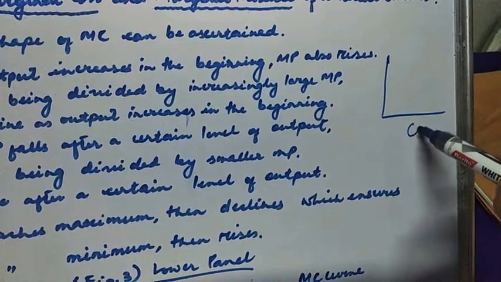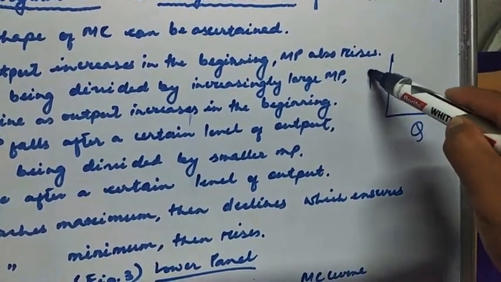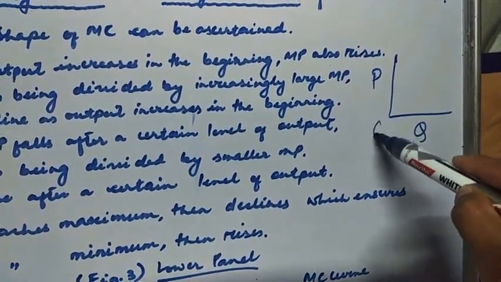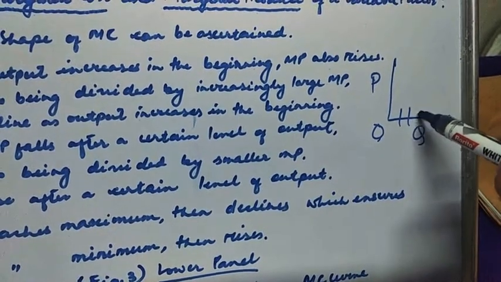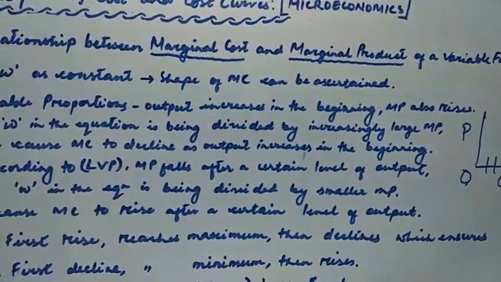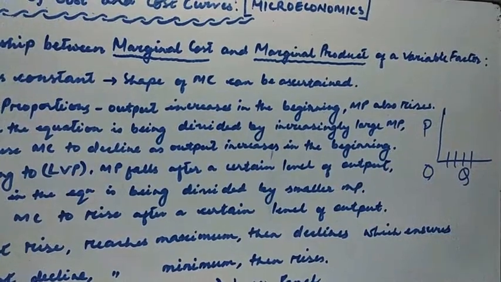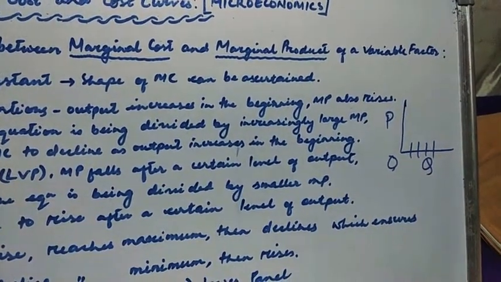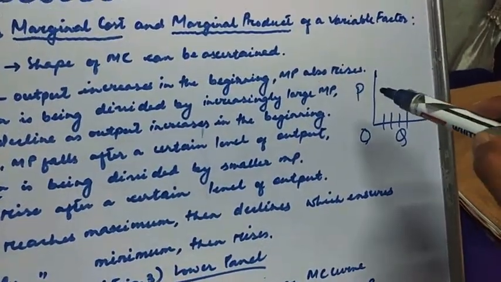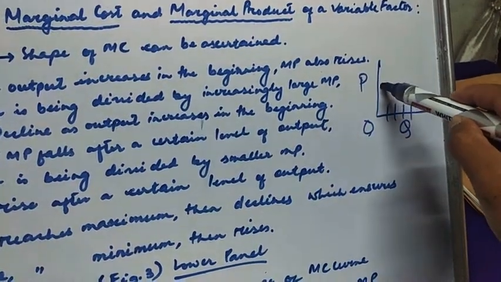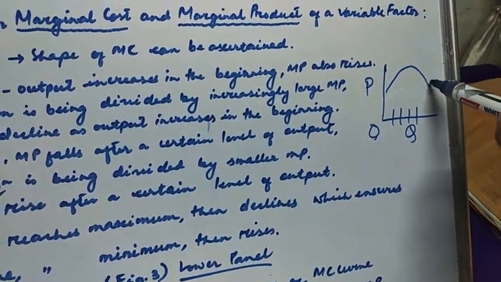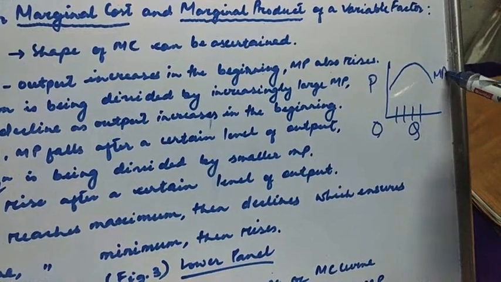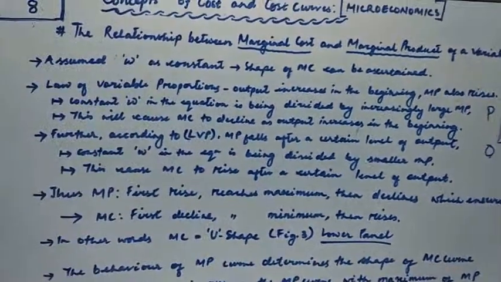Here we are measuring output and here it is price. So as output increases in the beginning, the MP also rises. So the MP will tend to rise as output increases. So that is marginal product.